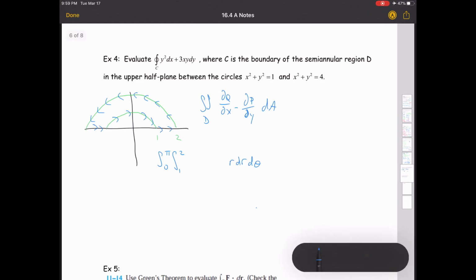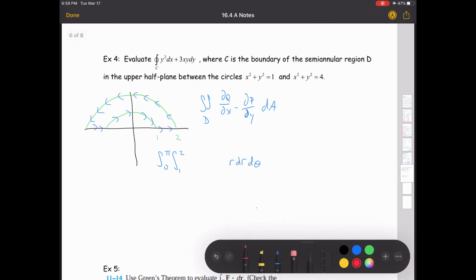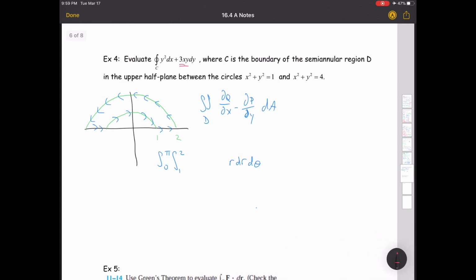So what we really need to figure out first of all is dQ/dx. Well, remember that Q is this piece right here. So dQ/dx is going to be that thing's derivative with respect to x, so that is 3y.